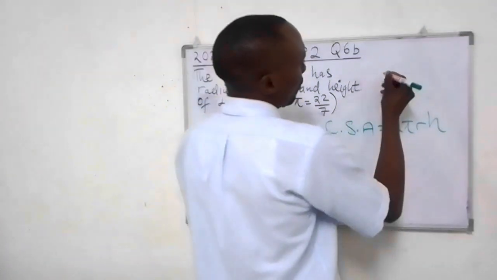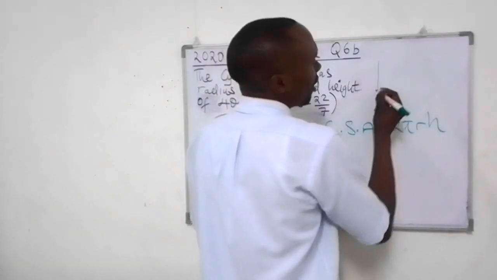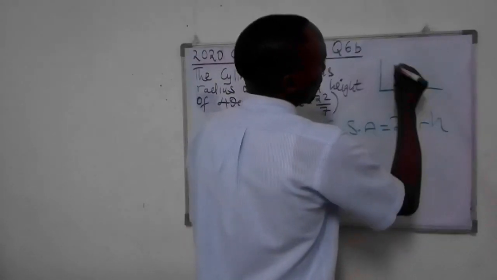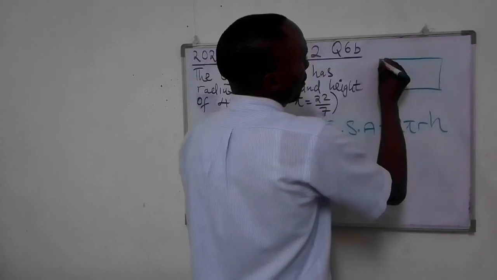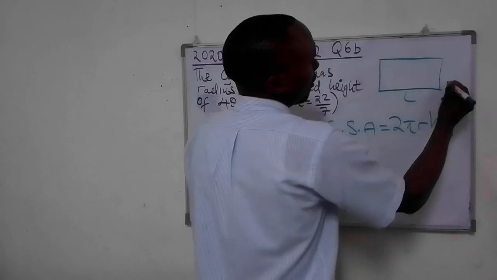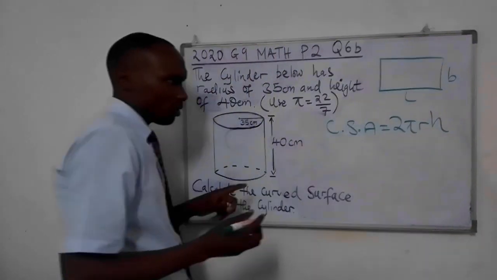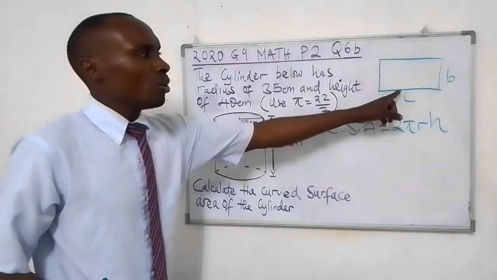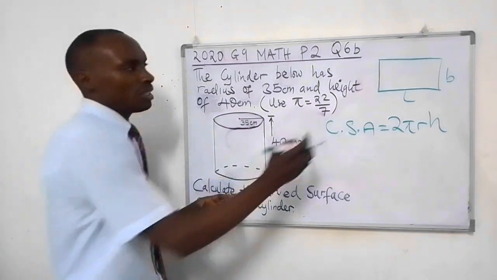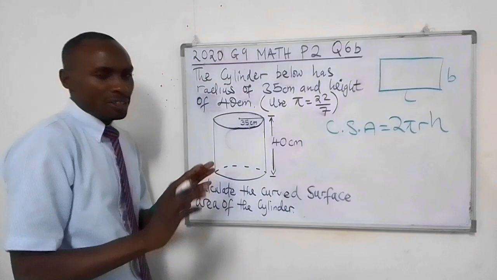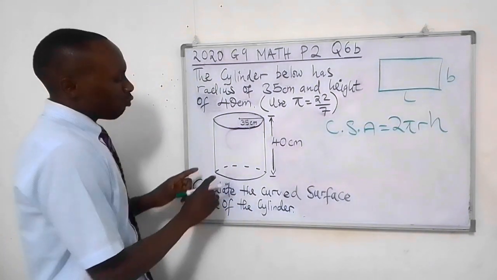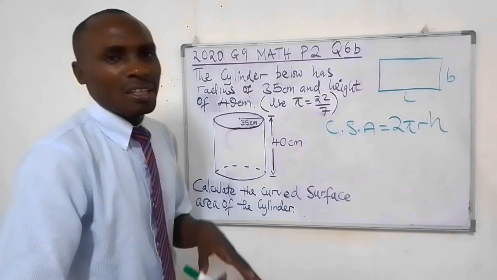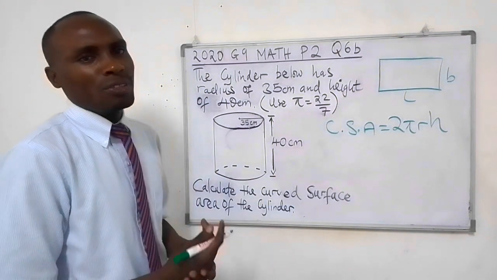So let's draw a rectangle here. A rectangle has two dimensions, length and breadth. Now what happens is that when the rectangle is curved on the length part, following up on the circular parts, it becomes the circumference of the circle.